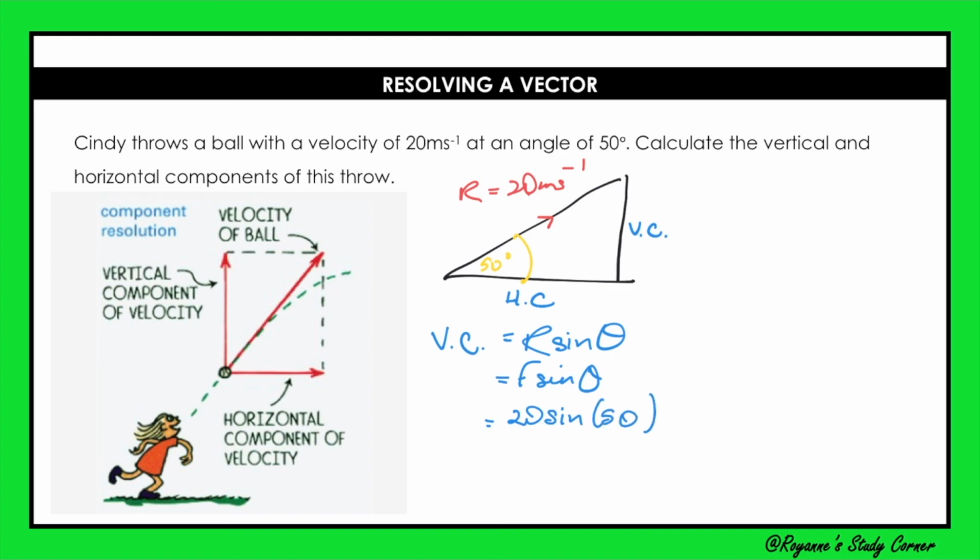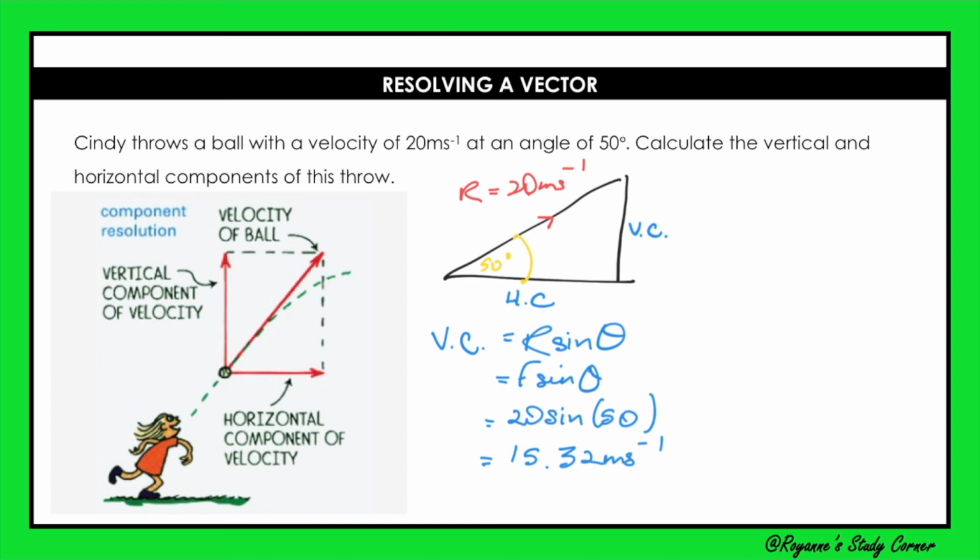If I plug this into my calculator, what do I get? I get 15.32 meters per second. So it means the vertical component, or the original vertical vector that would have created this resultant, is 15.32 meters per second.